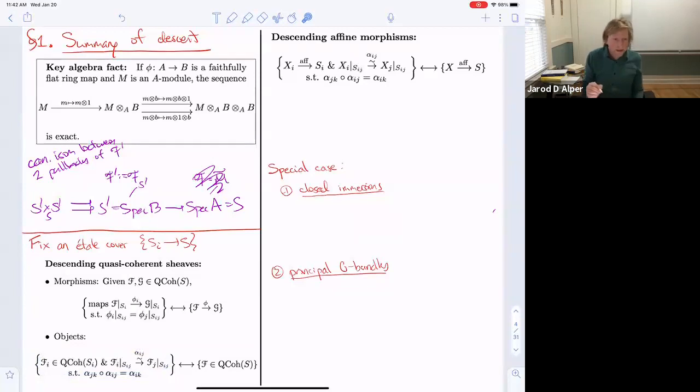And it is this condition that allowed the stack of quasi-coherent sheaves to be a stack over the big Étale site. All of this implies, or is equivalent to, the stack of quasi-coherent sheaves being a stack over the big Étale site.